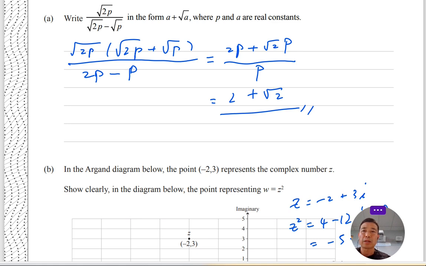Multiplying that with square root of 2p minus square root of p, you get 2p minus p, which is p. When you expand the numerator, you get 2p plus square root of 2p, and you separate. 2p over p is 2, and square root of 2p over p is square root of 2. So that's how you answer this.